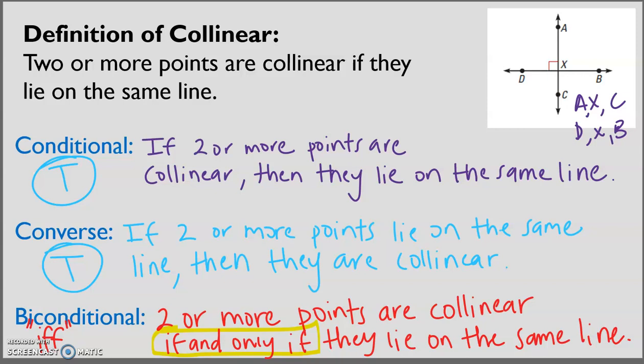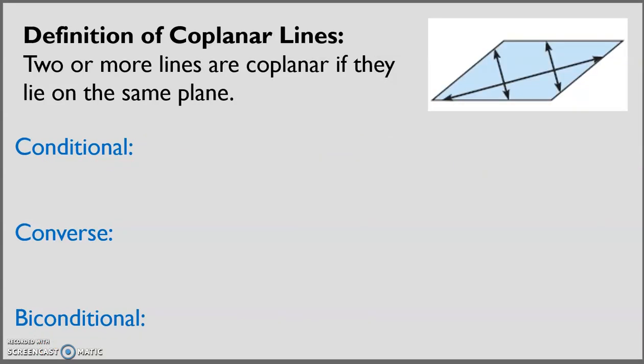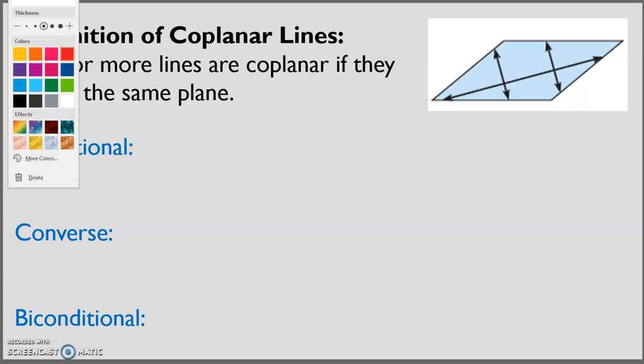Okay, now let's look at another example: the definition of coplanar lines. Two or more lines are coplanar if they lie on the same plane. So you'll notice in this diagram, we have an example of coplanar lines. So first, let's write the conditional for this statement.